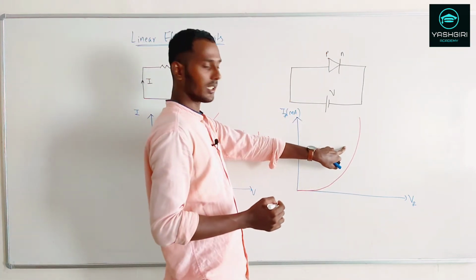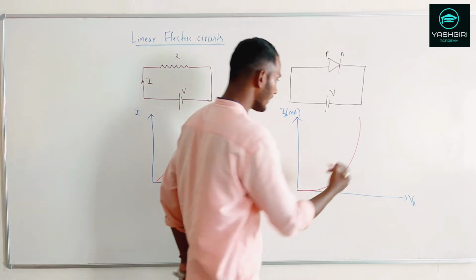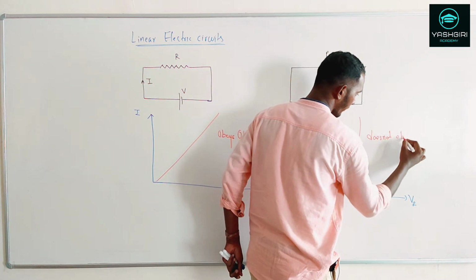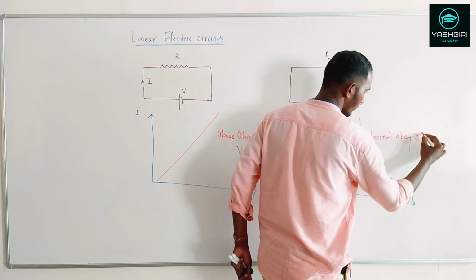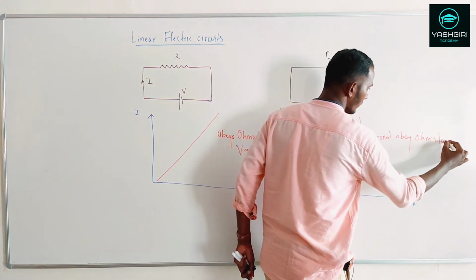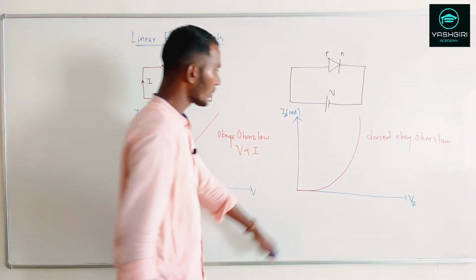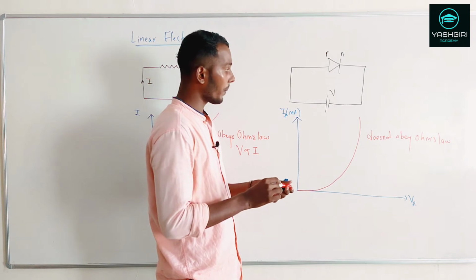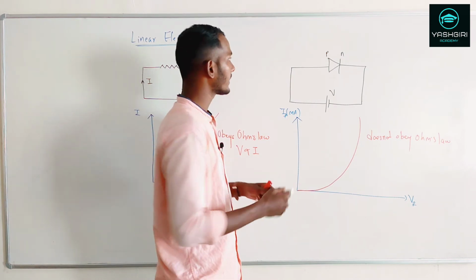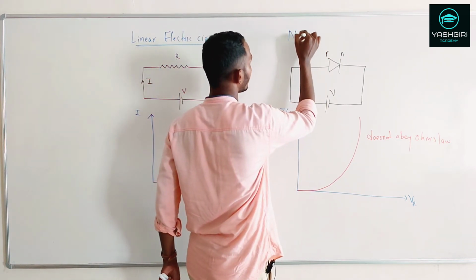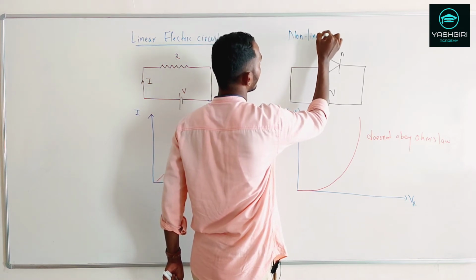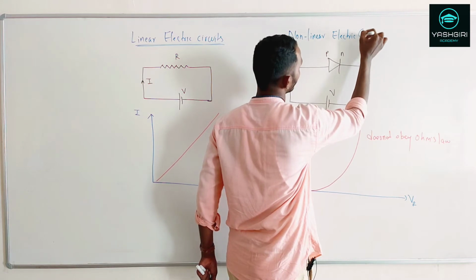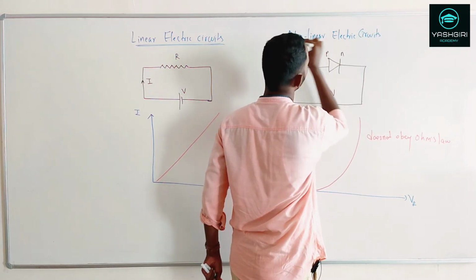Now this is an exponentially increasing graph, so I can say that this does not obey Ohm's law. Any electrical circuit which does not obey Ohm's law, we call it a non-linear electric circuit.